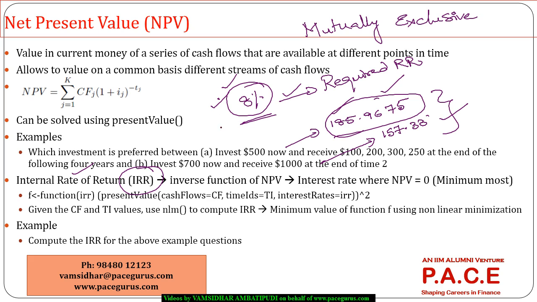But now in IRR, I will not consider the investor's required rate of return. In turn, I will see what is that minimum rate of return that makes the project break even. Which means what is that particular rate of return where the NPV is exactly equal to 0?